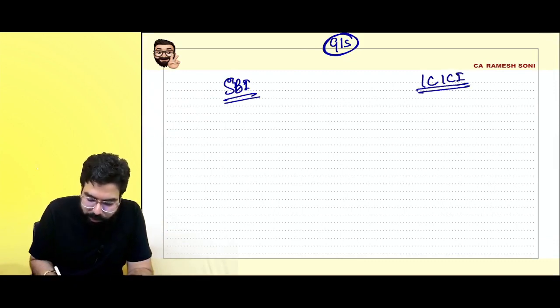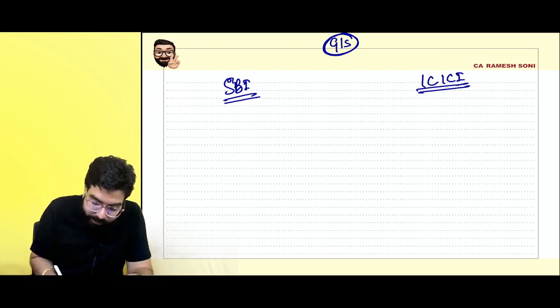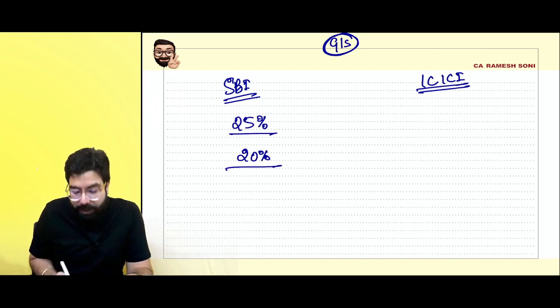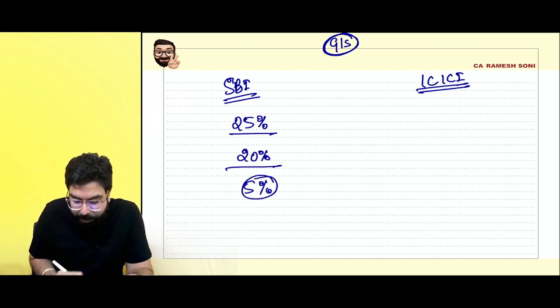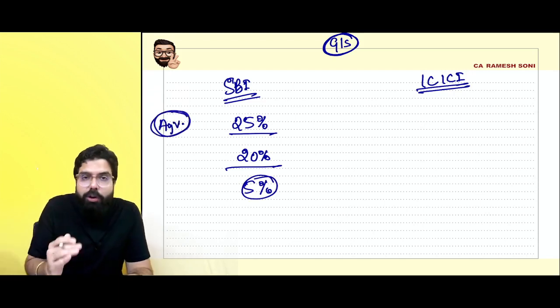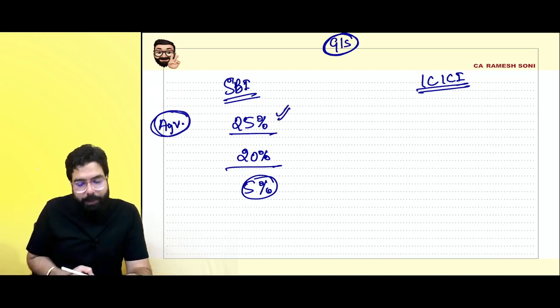State Bank of India had to lend to the priority sector and lent 25%, while the minimum requirement was 20%, so they lent 5% extra. Agriculture is a priority sector in the country, to which you have to give loans.